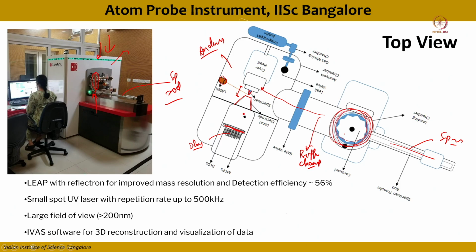If you zoom out here, you have a needle and an electrode, so the ions get field evaporated along these field lines, and at the backside are the MCP plates and the delay line for the detection. It is kept at very high vacuum, and to maintain the temperature of the tip you use the cryo head, which is supplied by helium gas to maintain the temperature of the tip surface. Okay, so this is the top cross section of a typical atom probe instrument.